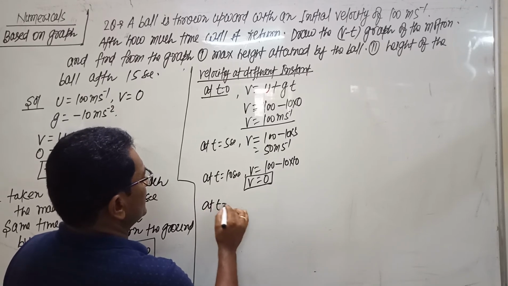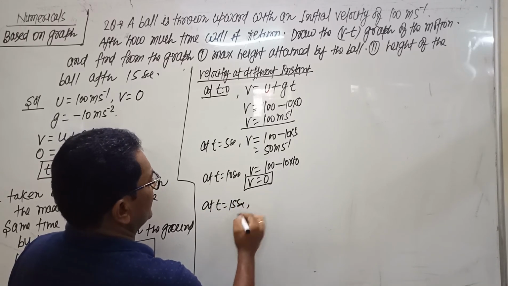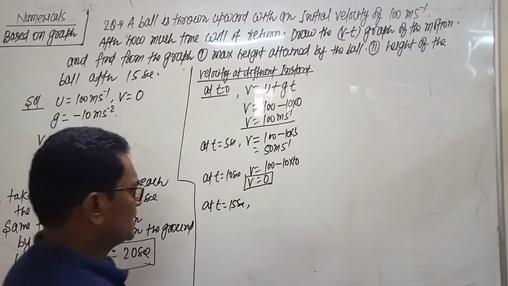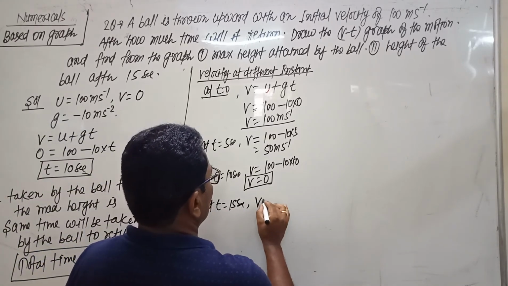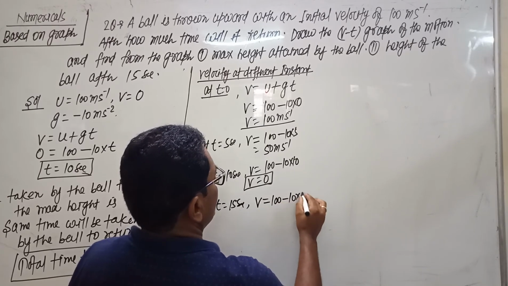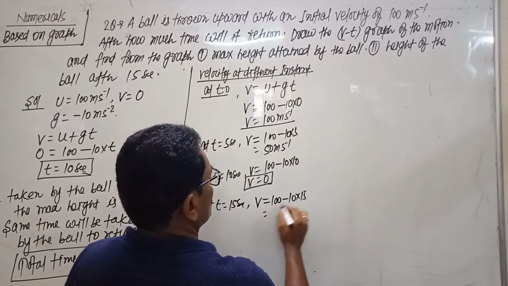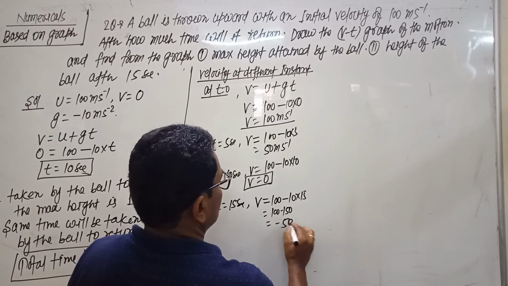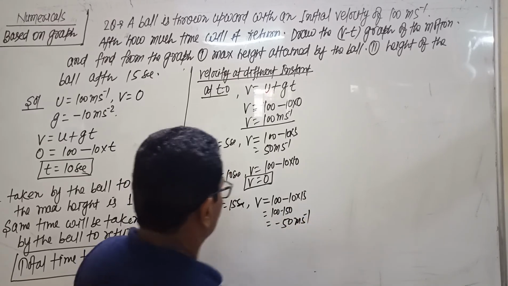At time t equals 15 seconds, the return motion will have started. v equals 100 minus 10 into 15, so 100 minus 150, which is minus 50 meter per second.